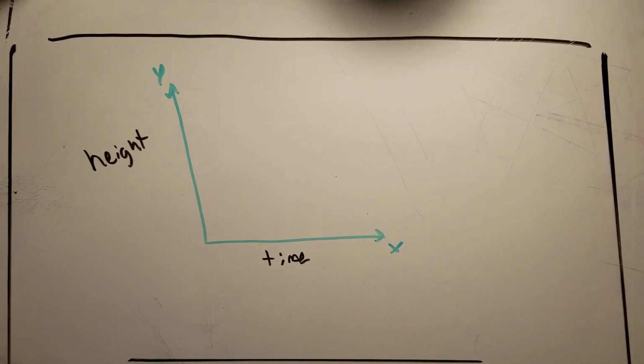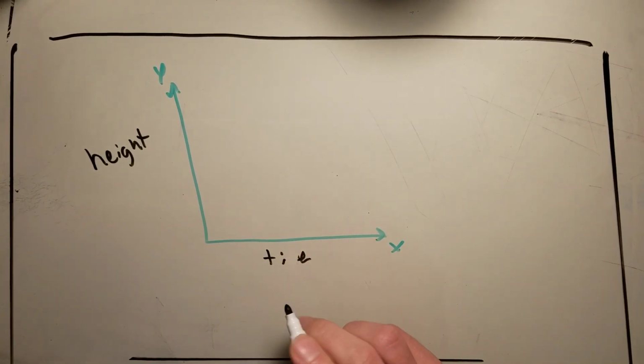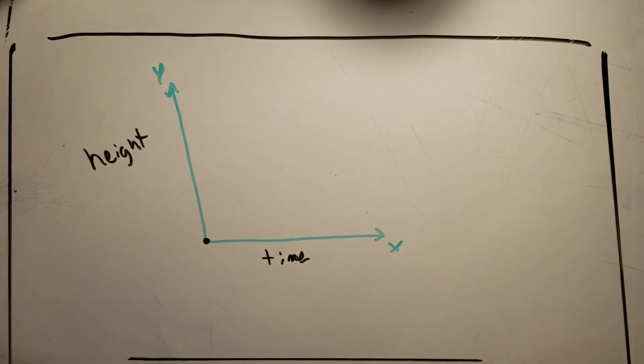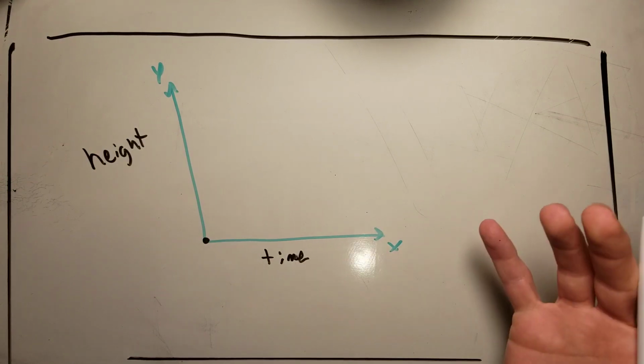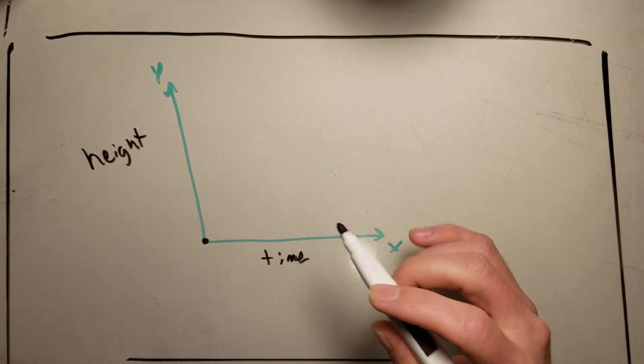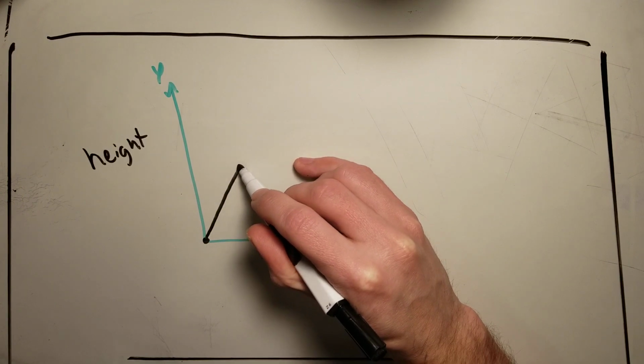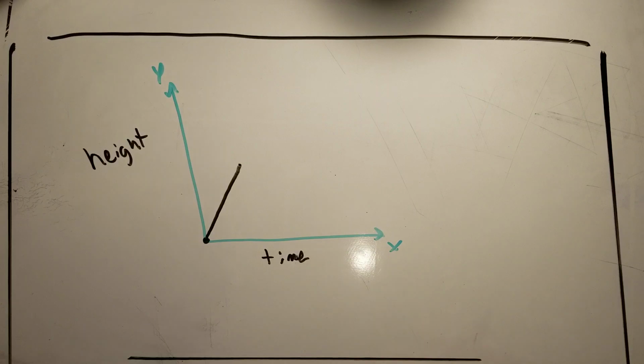And it says the hot air balloon begins on the ground, so when time is 0, we're going to be right here on the ground. And we are told that the hot air balloon rises at a constant rate. So a constant rate is an indicator that we're going to have a linear relationship. So we're going to go on a nice straight line, constantly going up at the same rate.